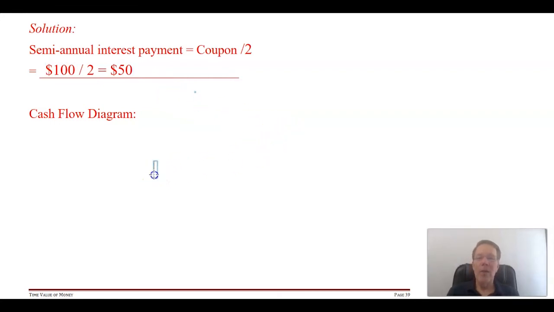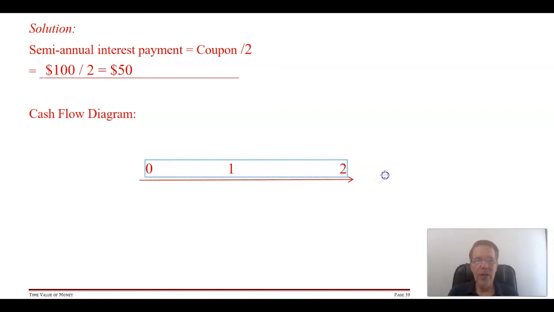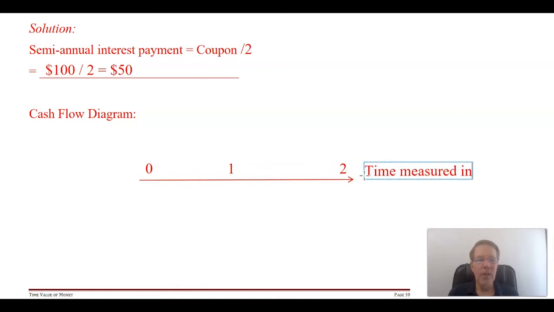All right, now for a cash flow diagram and why we have to do it. Why is it important? Let's go ahead and draw this, and let's put some times in here. Okay, so we've got 0 here, and we've got 1 here, and we've got 2 here, and this is going to be time measured in semi-annual periods.